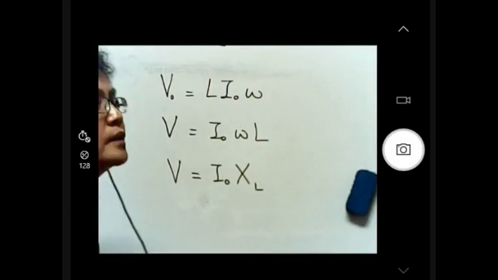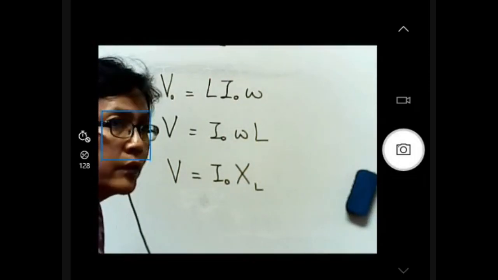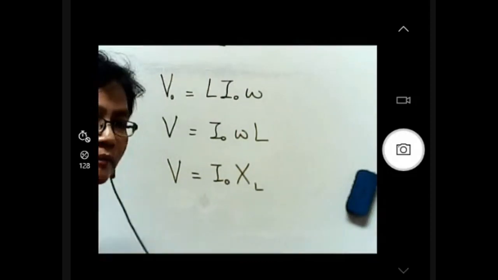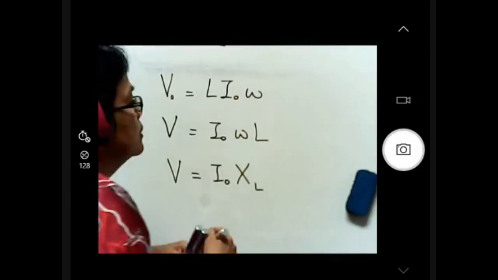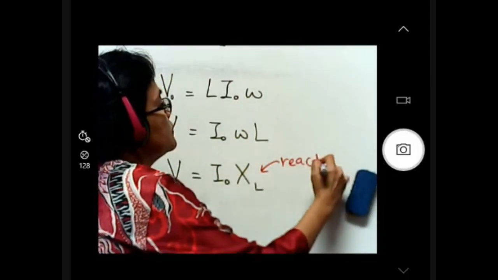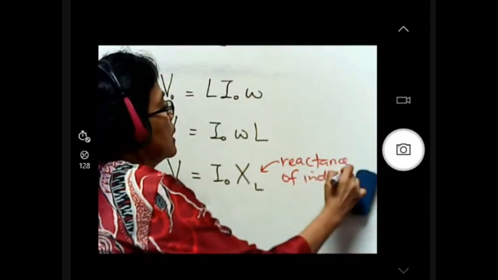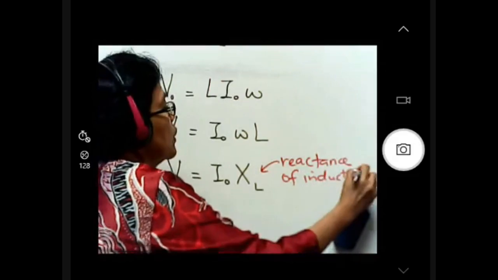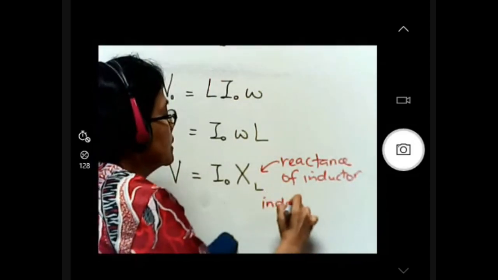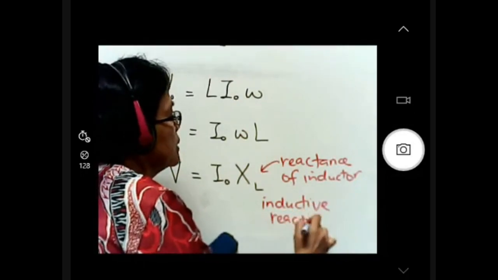For the opposition to the flow of alternating current due to an inductor, we call it the reactance of inductor, or you can also call it inductive reactance.